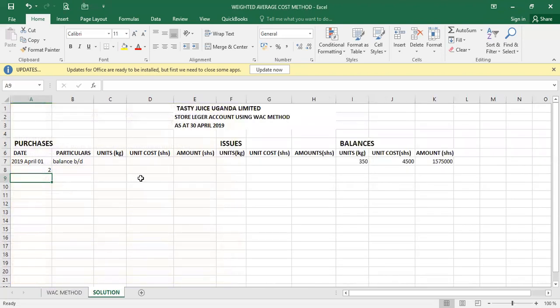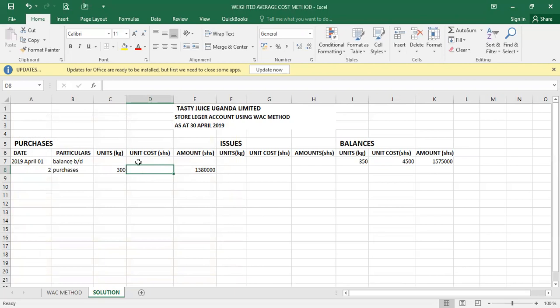So we purchased. The total cost is 1,380,000. We bought 300 units. So these were purchases. These were purchases.